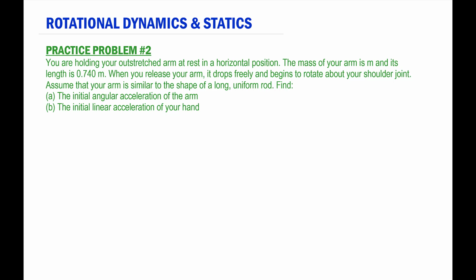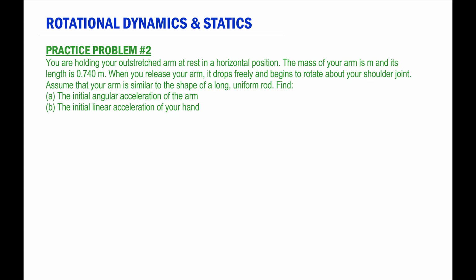We're looking at an arm that's essentially a uniform rod. We are told that the axis of rotation is the shoulder joint, and that the length of the arm is 0.74 meters. The first question asks for the initial angular acceleration of the arm. To find that, we should be able to use Newton's second law, tau is equal to I alpha, but this means we need torque and moment of inertia.